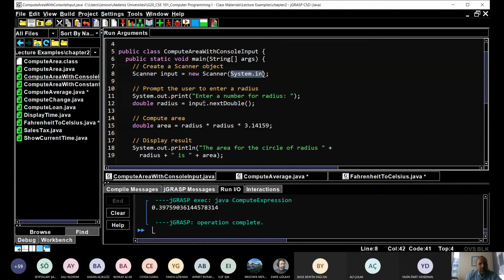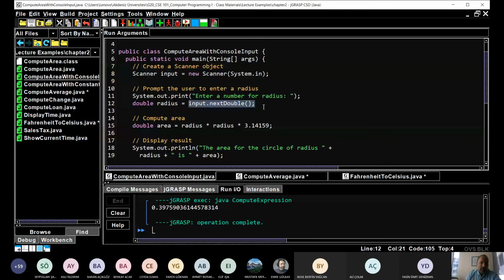Now what's going to happen is the input is going to wait at this point, at this next double. It's going to wait until the user enters some information and then hits enter. It's going to read in the characters that the user enters and try to convert what they enter into a decimal number, into a double value.